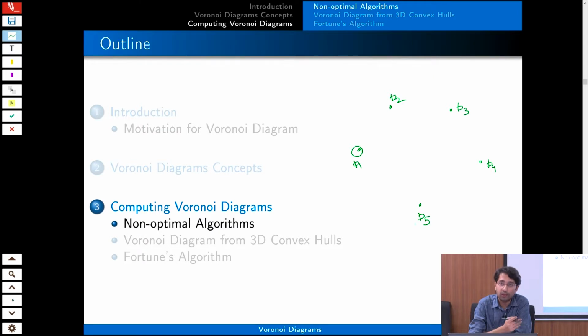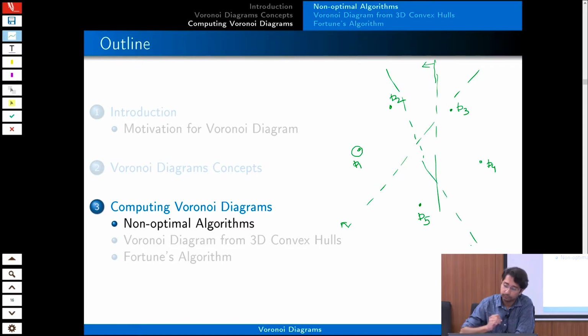What are the set of points which are closer to P1 than P5? They lie on this side of the half plane. What are the set of points closer to P1 than to P4? P1 and P3? P1 and P2?